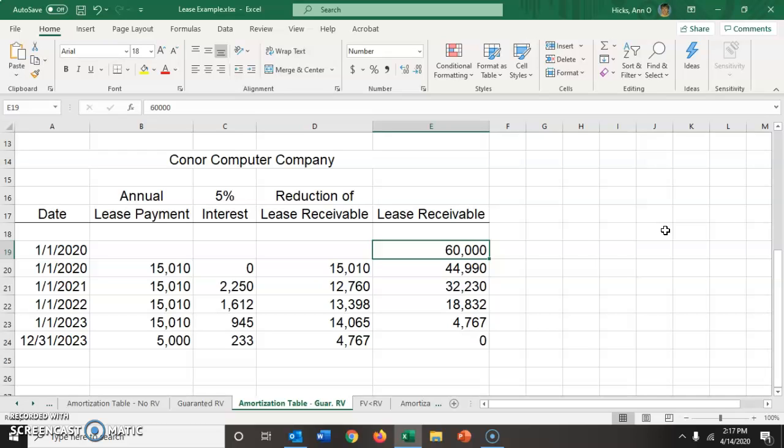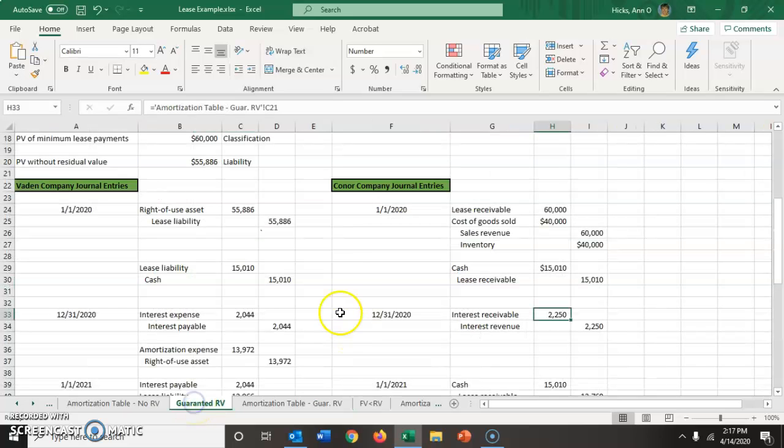It's not a payment made by Vaden, but it is the receipt of an asset. So the 5% interest, of course, is different for Connor in this example than it was for Vaden because the receivable is recorded at a different amount than the liability.